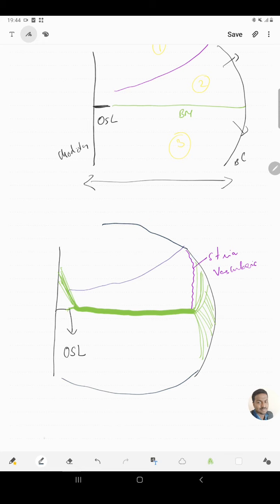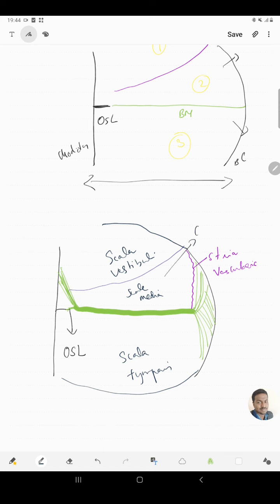The one above is the scala vestibuli, the one below is the scala tympani, and the middle is the scala media.